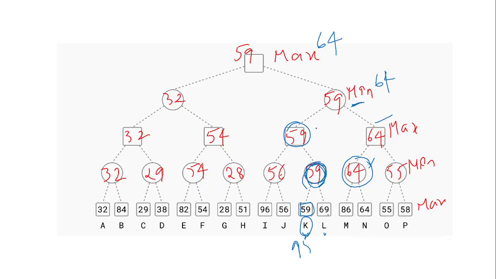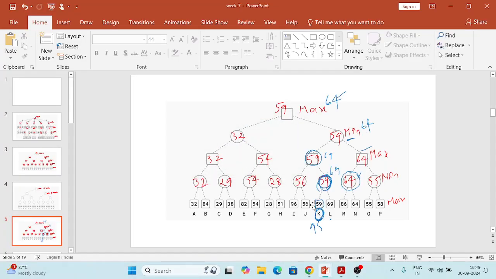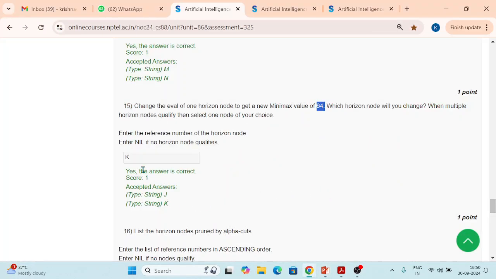So the maximum here gets the 69. Here it will get the 69. Among these two, maximum again I will get the 69. Among these two, minimum 64. The 64 will go here. So the only node I should change here is K. I have to change this K value. So the value to be changed is the K.